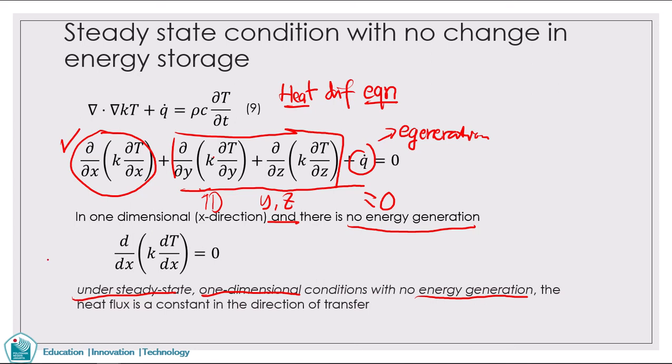The heat flux, Q double dash, or in one dimension Q double dash x, is constant in the direction of transfer, or mathematically we can write it as the change of the heat flux over the position x is equal to 0.